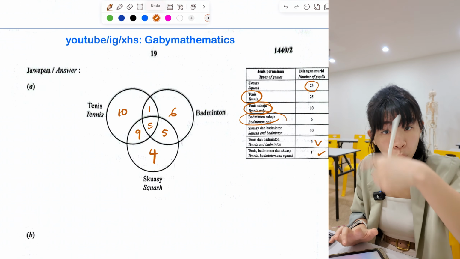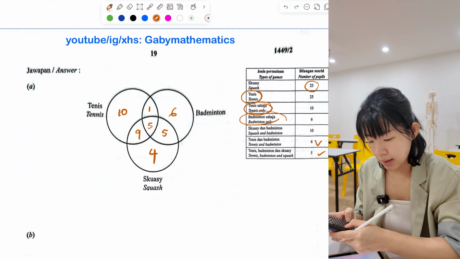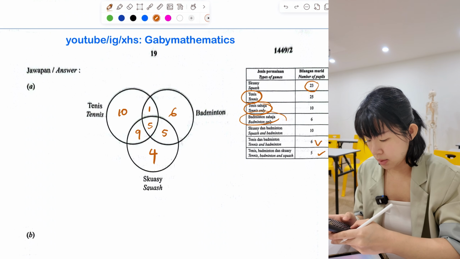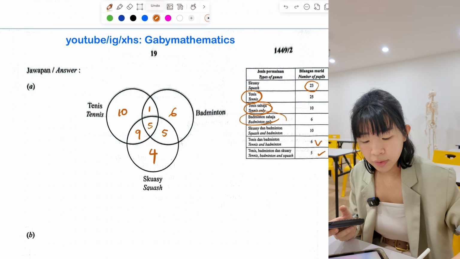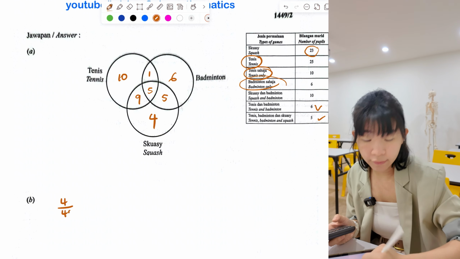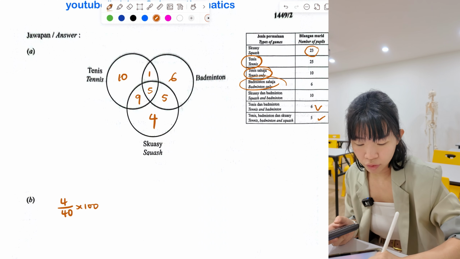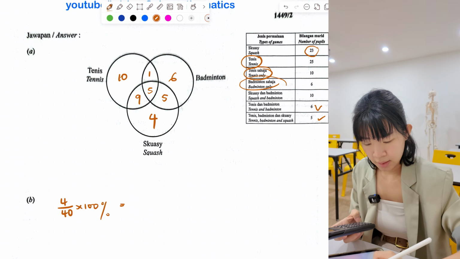How about the total participants? You total up: 1 plus 9 plus 6 plus 4, so they are total 40. Squash only 4 people, so the percentage is 4 over total 40, times 100. At the end it is 10%.